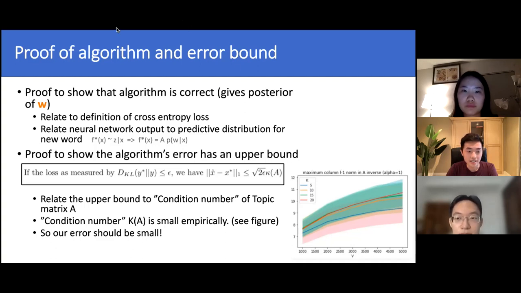This is essentially done by relating our theorem and algorithm to the condition number of our topic matrix A. We ran experiments to empirically show that the condition number, denoted kappa of A, is very small. So that means our error should be small.